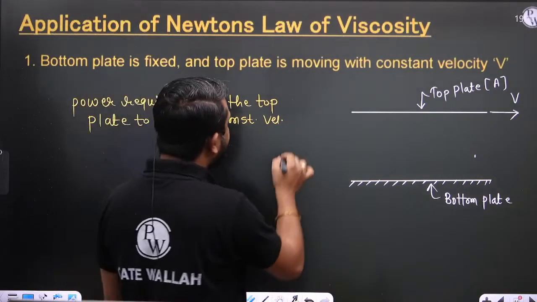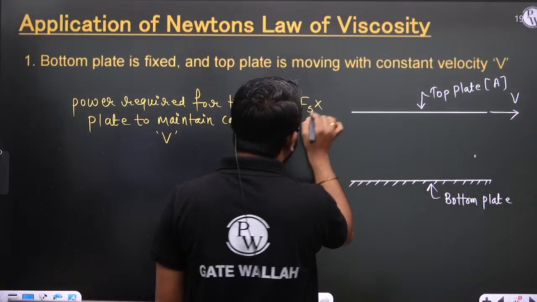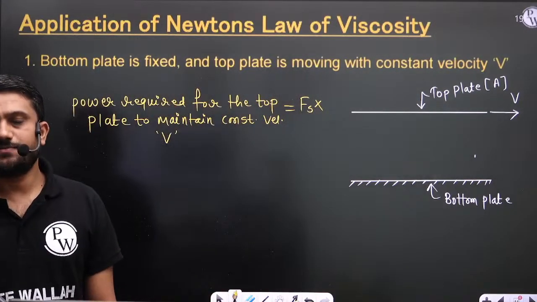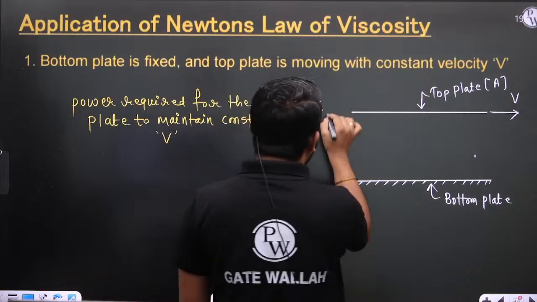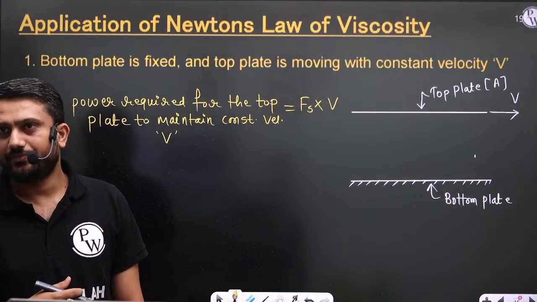So it is very simple. Simply you can say shear stress experienced by the top plate multiplied by the velocity of the top plate, and the velocity of the top plate is v, right?